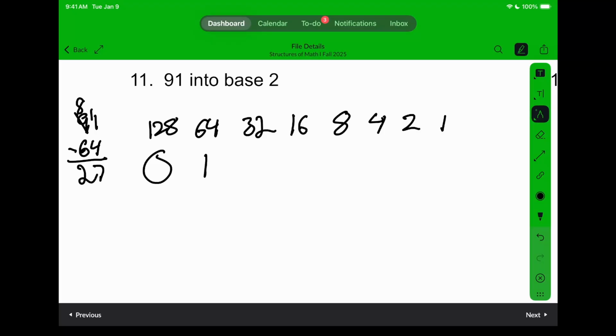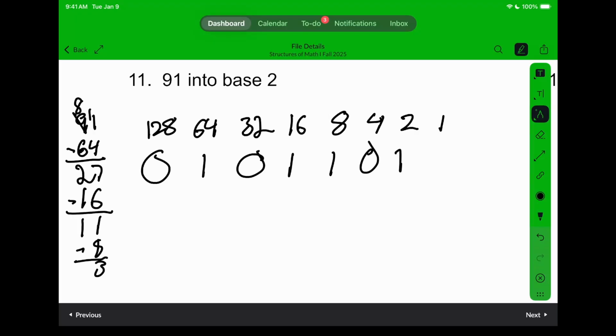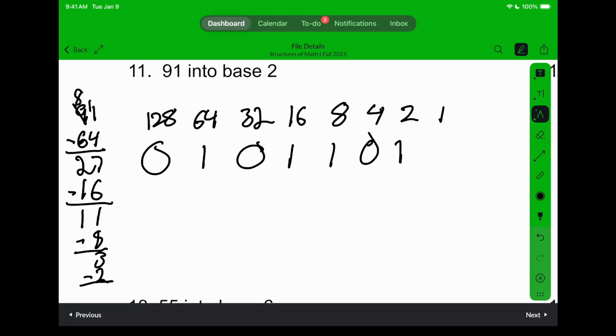Now we have 27 left. 32 is too big. 16 can go in, though. Now we have 11, which means 8 can go in, and we're left with 3. 4 cannot go in then, but 2 can, and then 1 can go in, and we're left with 0. So that means 91 into base 2 is 1, 0, 1, 1, 0, 1, 1. And then remember to put our 2.